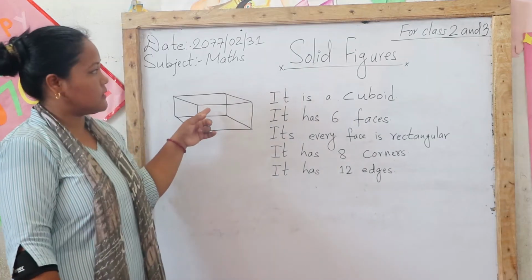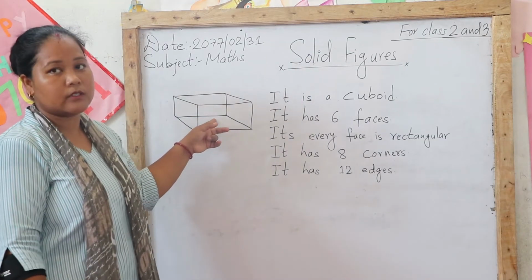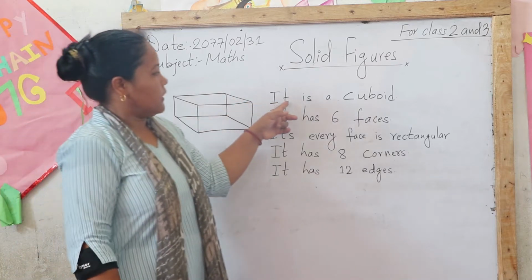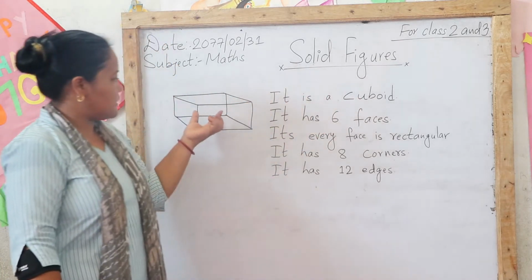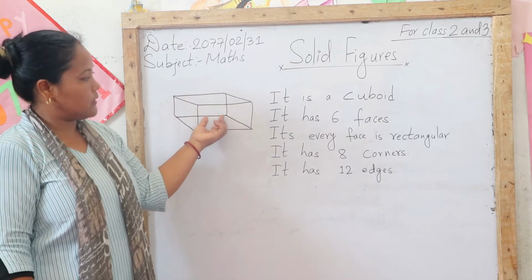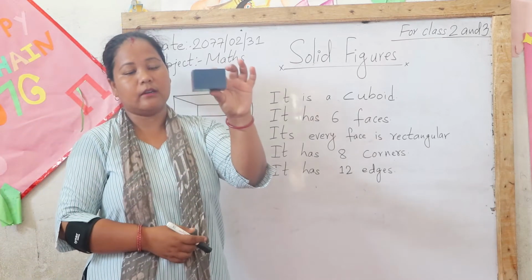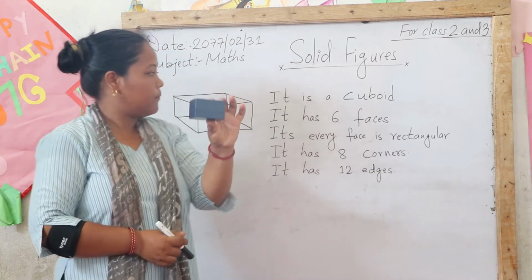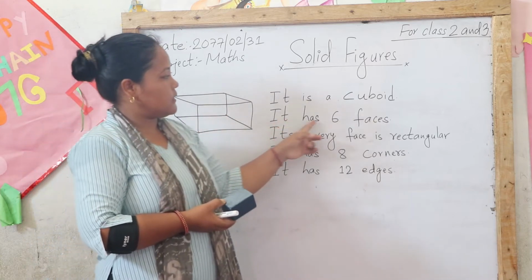Next solid figure is cuboid. This is the model of a cuboid. The first property of cuboid, it has 6 faces.